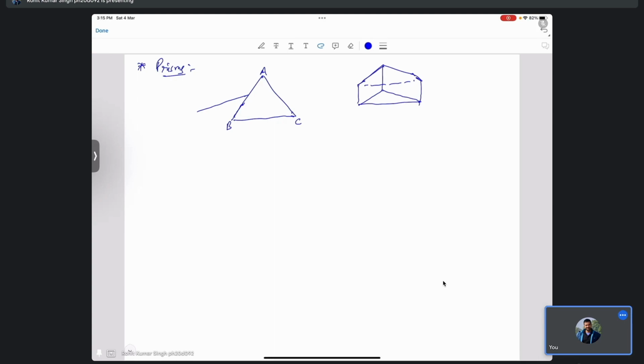So this angle is angle A, and then we have B and C. So this is a two-dimensional diagram of a three-dimensional object, and these two sides, this side and this side, are AC and AB here.